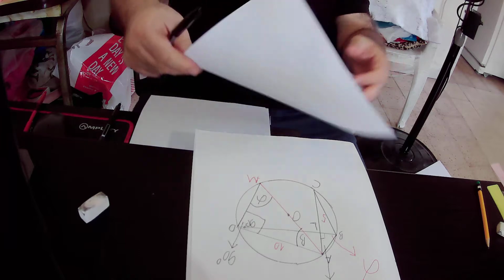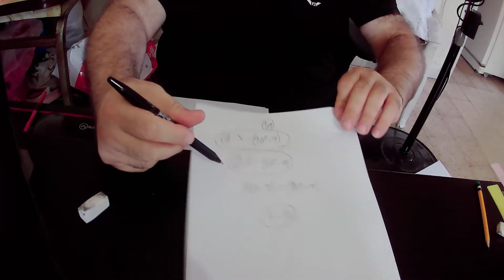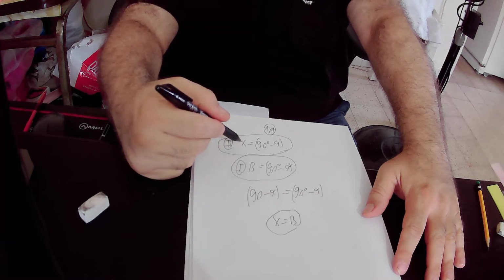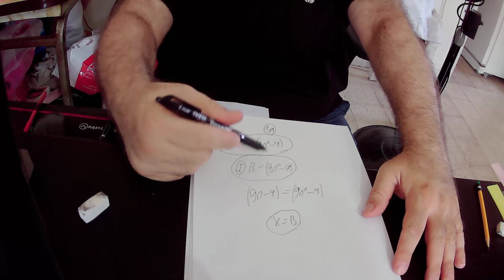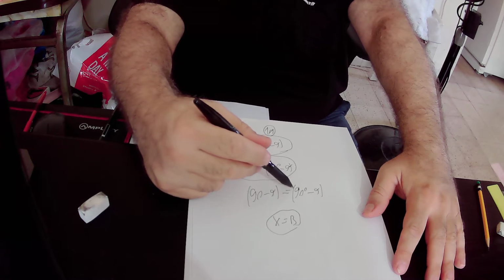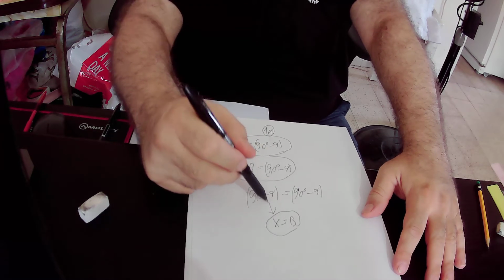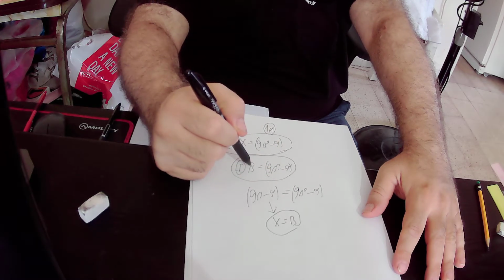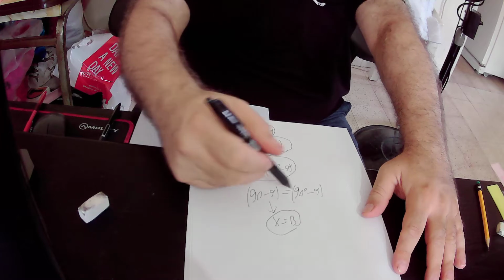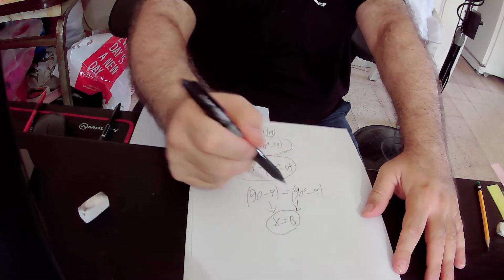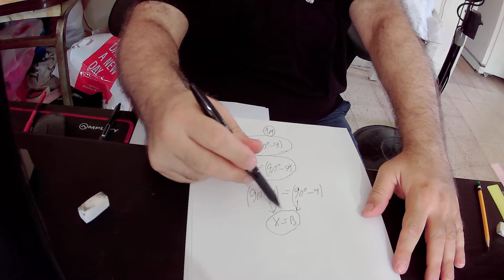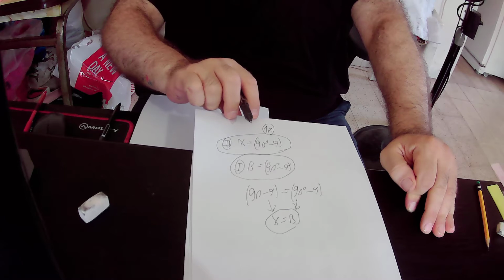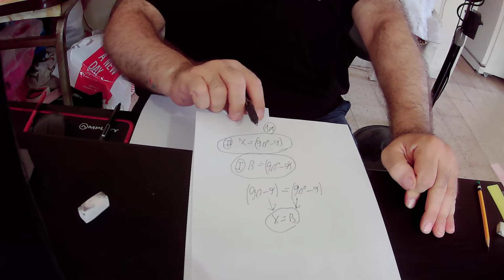Okay, we subtracted 90 degrees minus alpha by x because x equals 90 degrees minus alpha, and we subtracted 90 degrees minus alpha from this side of the equation by beta, because beta equals 90 degrees minus alpha. We got that x equals beta. The conclusion is that angle x equals angle beta.